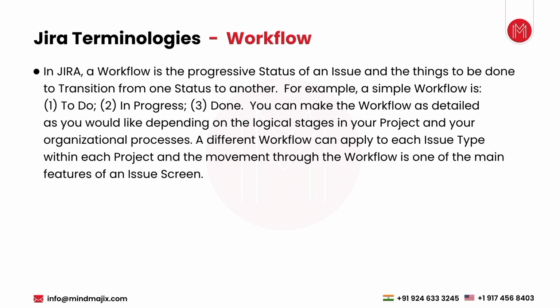You can make the workflow as detailed as you would like, depending upon the logical status of the project and organizational structure as well. So we have seen that we have only three flows: to do, in progress and done. But if you remember the Kanban slide, the to do was mostly divided into two parts.